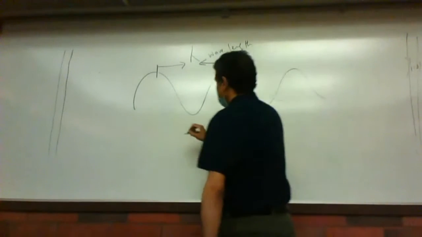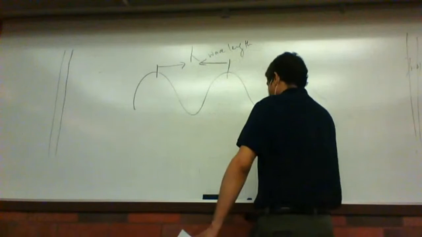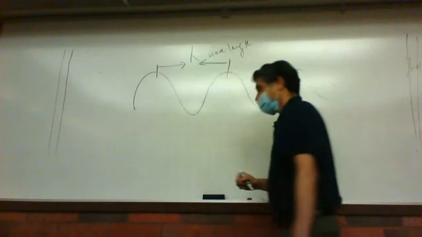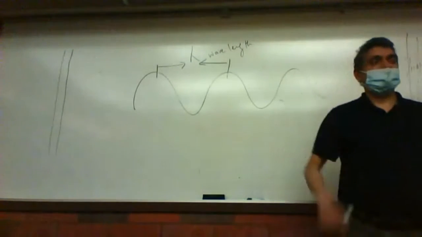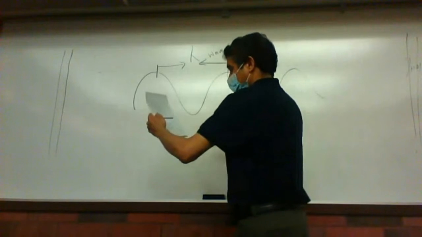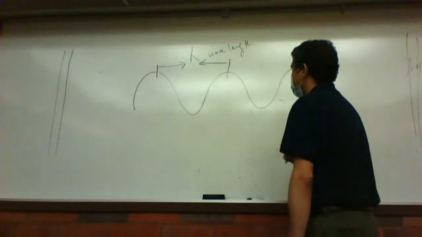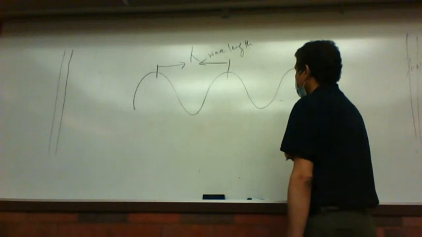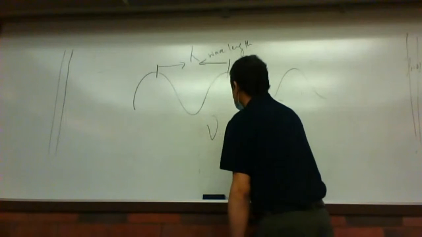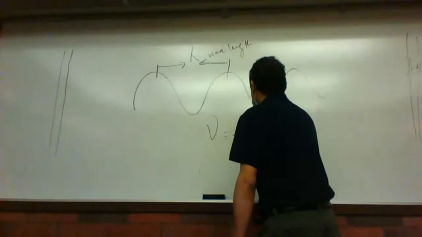Another property is frequency. This is the wavelength, given by lambda. Now we have another property, called frequency, given by nu.